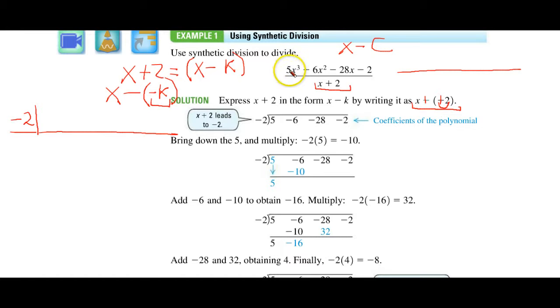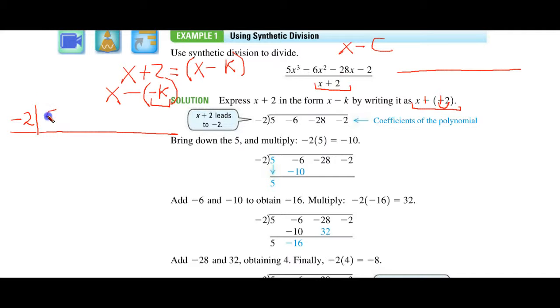What we do in synthetic division, once it's in descending order, to the third, the second, the first, to the 0 power, is we just take the numerical coefficients of these numbers.